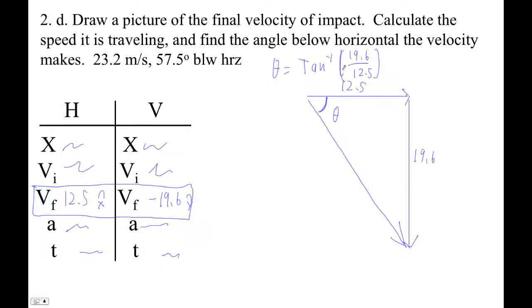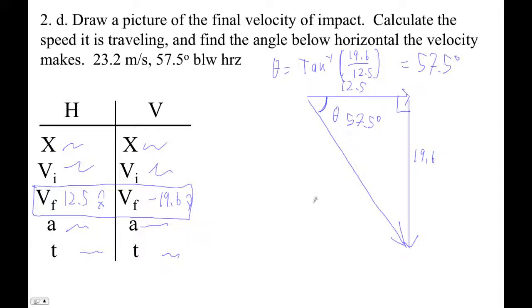Let's use our calculator for that. Inverse tan of 19.6 divided by 12.5. So this, by the way, this number, we would disbelieve a number smaller than 45 degrees, correct? 57.5 roughly. Okay, so if we round it to three numbers, 57.5 degrees.